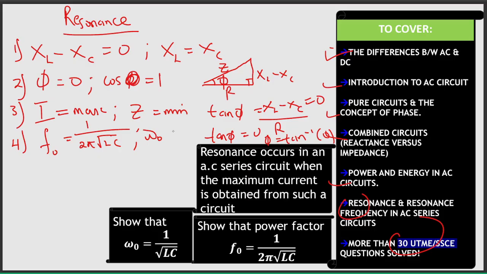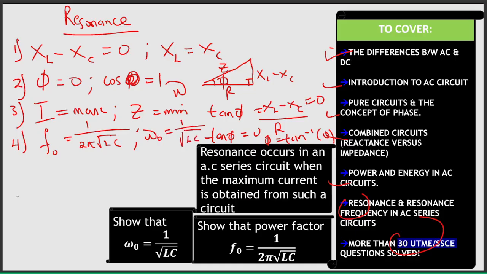Now in physics, we model angular frequency and angular velocity together. They share the same symbol and the same unit. So this symbol can mean angular frequency, and can as well mean angular velocity. Is that okay? So angular frequency is equal to 1 over root LC.